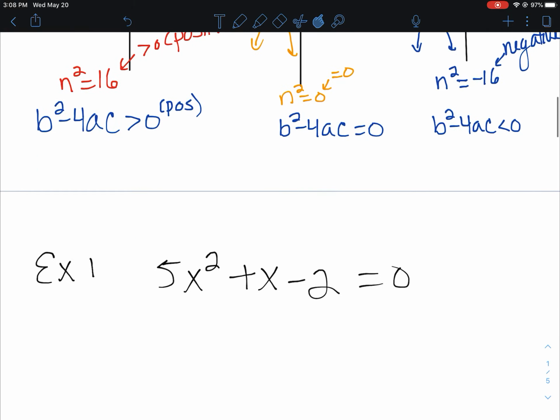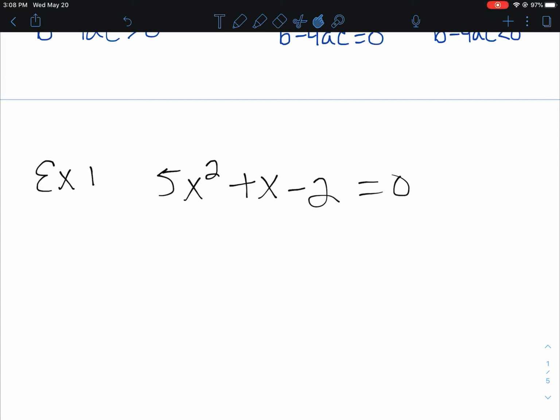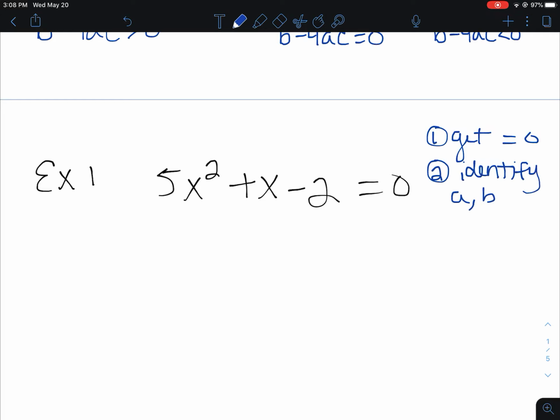Okay, so on to the first example. We have 5x squared plus x minus 2 is equal to 0. First step when you do these problems is get your equation equal to 0. Second step is to identify a, b, and c. And remember, that's coming from ax squared plus bx plus c, the standard form of a quadratic. Well, a has to be the number in front of x squared.